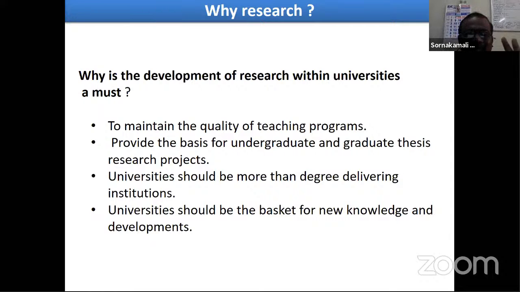Okay. Why should universities do research? That is to maintain the quality of the teaching program and provide the basis for undergraduate and postgraduate thesis projects. Universities should not be more than degree delivering institutions. Apart from this, they should contribute to society by doing good research. Universities should be the basket for new knowledge and developments.